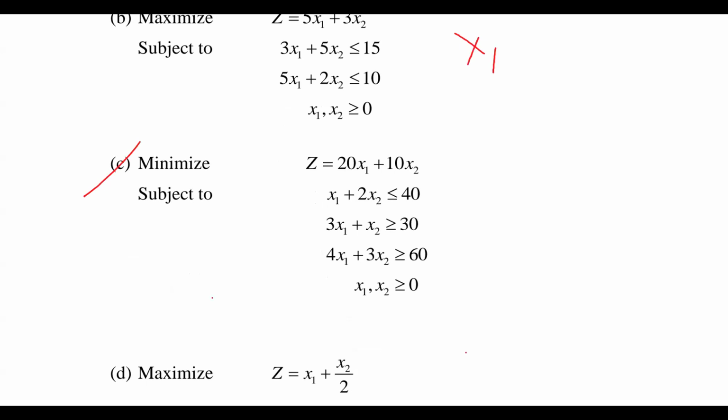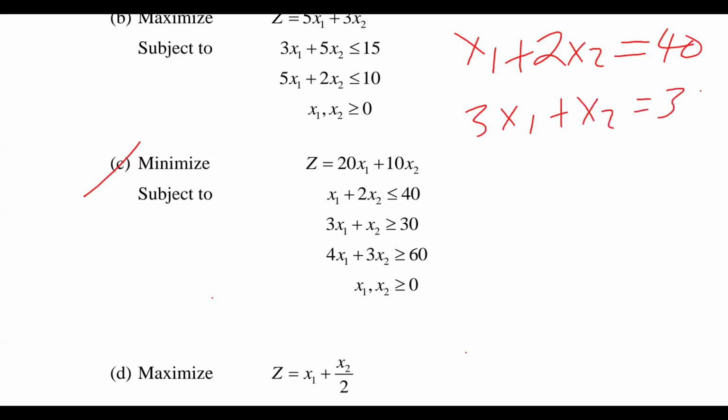So x1 plus 2x2 is equal to 40. 3x1 plus x2 is equal to 30. Now we have 3 constraints, right? x1 plus 3x2 is equal to 60. These we don't really care about, because we are just on the right side, the positive side. That's what that means.